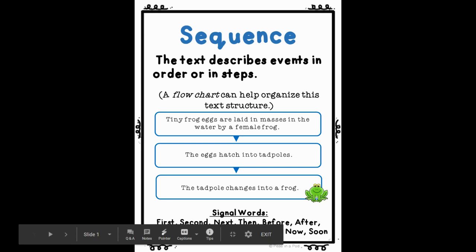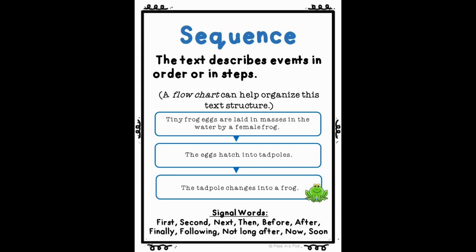We have learned that sequence text describes events in order, in steps. Here's one example. What graphic organizer is this? If you answered flowchart, you are correct. A tiny frog: eggs are laid in masses in the water by a female frog. The eggs hatch into tadpoles.